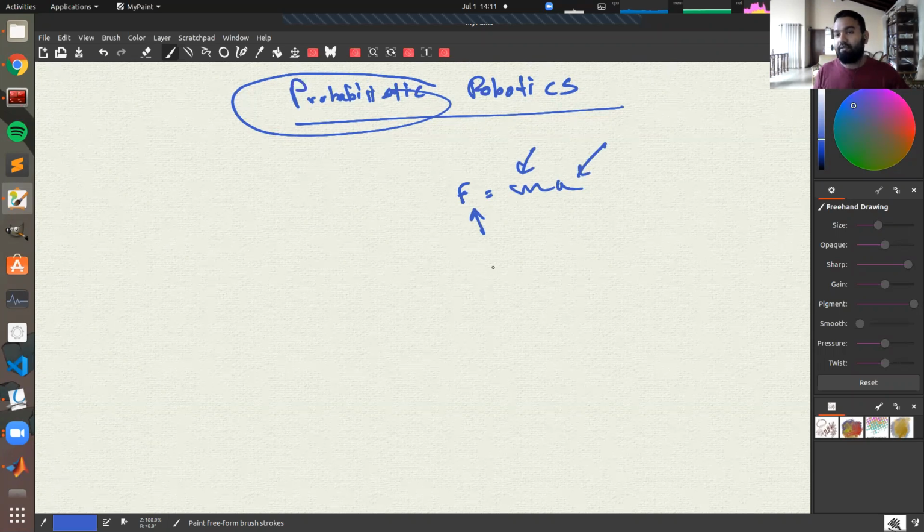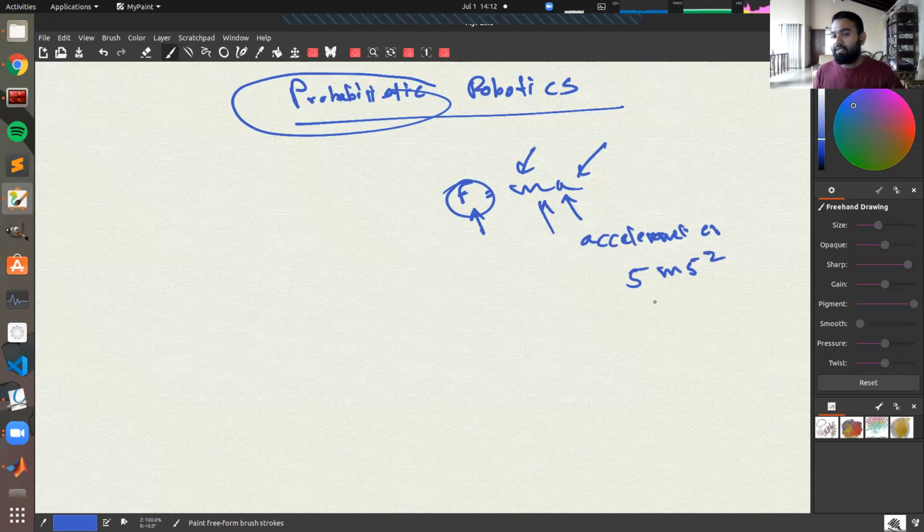But in the real world, there's a lot of uncertainty, right? Everything is not perfect. For example, whatever we are measuring, this acceleration or this mass, we'll need a sensor to measure it, right? All sensors have noise. If you use some sort of accelerometer to measure the acceleration, you will get an answer. Let's say it's 5 meters per square second.